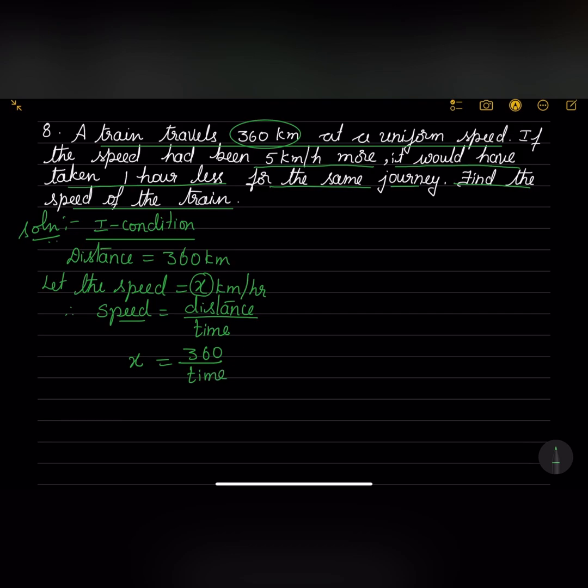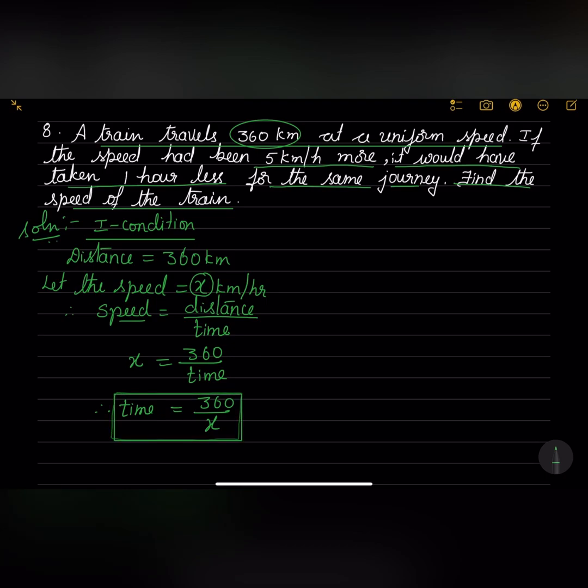And we need to find out the time. Therefore, time will be equal to 360 divided by x. Just cross multiplication, so we get time is equal to 360 by x.